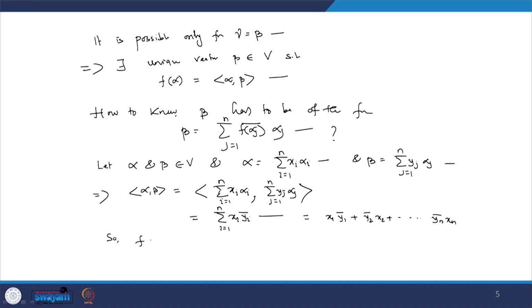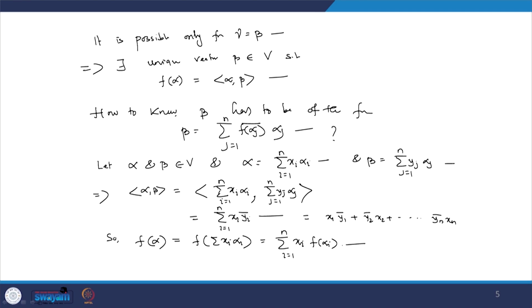Now, if I consider f of alpha, then f of alpha will be equal to f of sigma x i alpha i. So, this is equal to sigma x i and f of alpha i, i equal to 1 to n.